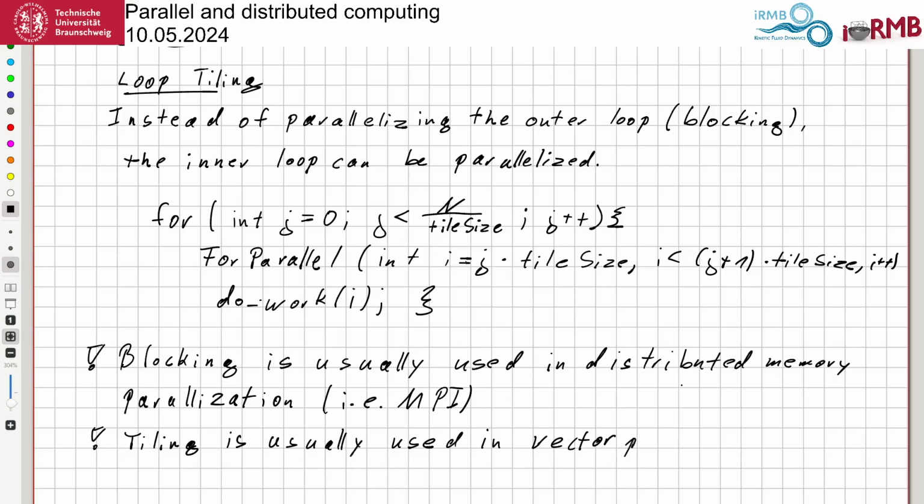Vector parallelization was very popular in the 90s, probably before you were born, and then it became less popular, and now it became popular again because of machine learning and graphics cards.